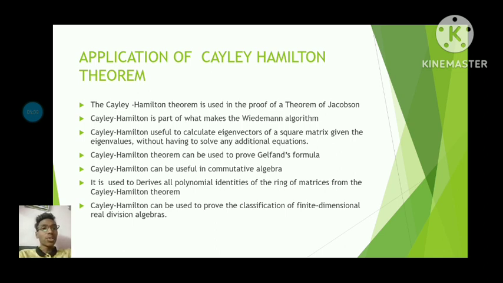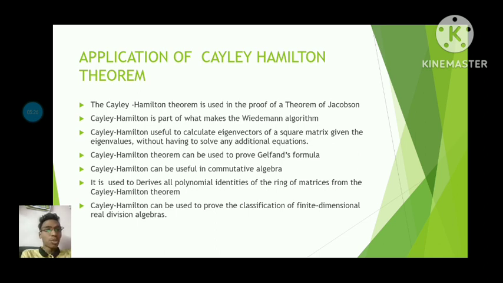The Cayley-Hamilton theorem is used in the proof of the theorem of Jacobson. Cayley-Hamilton is a part of what makes the Wiedemann algorithm. Cayley-Hamilton is useful to calculate eigenvectors of a square matrix given eigenvalues without having to solve any additional equations.